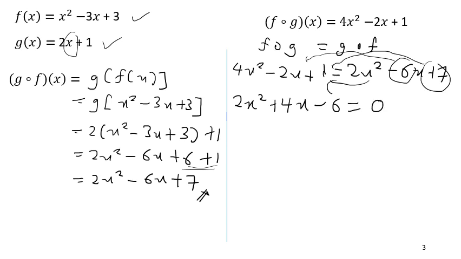So equals 0. Since this equation equals 0, we can divide this equation by 2, right? So we get x squared plus 2x minus 3 equals 0.